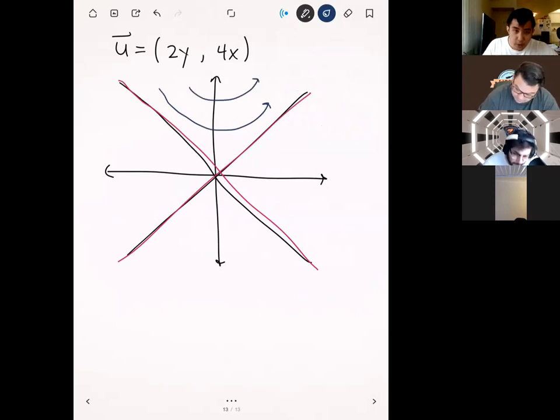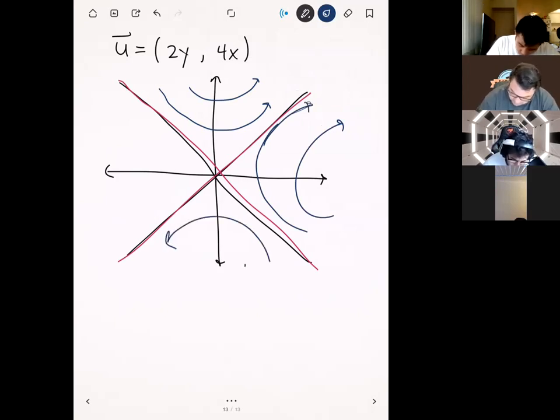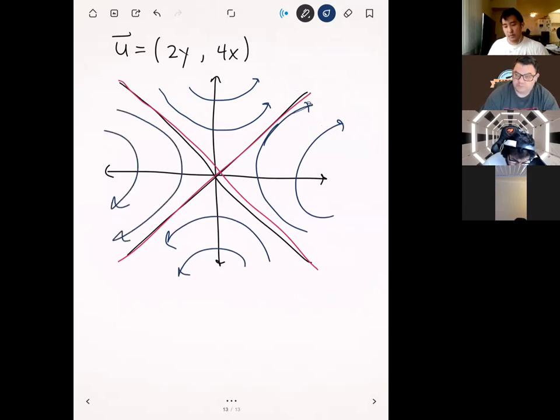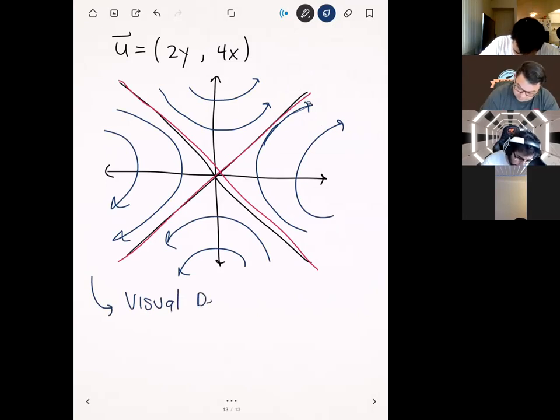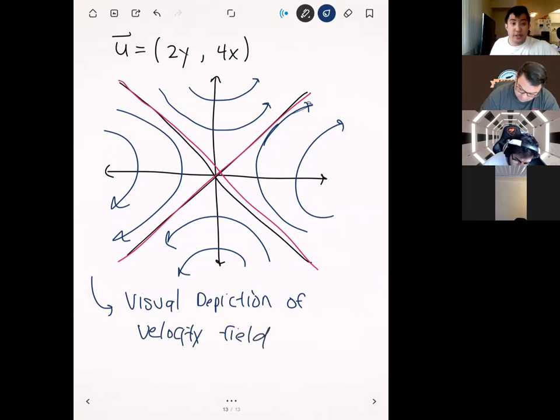You have fluid that's going to come into this corner and it's going to turn around, and it's going to look like this in all the other quadrants. So this is a visual description of our velocity field.